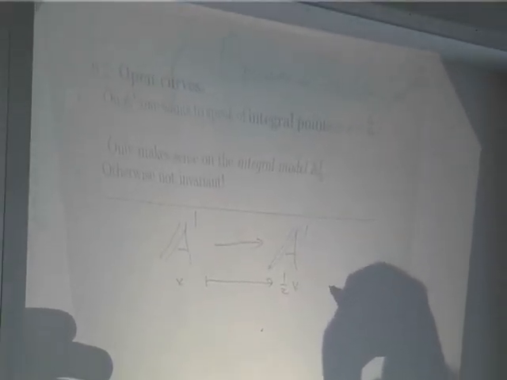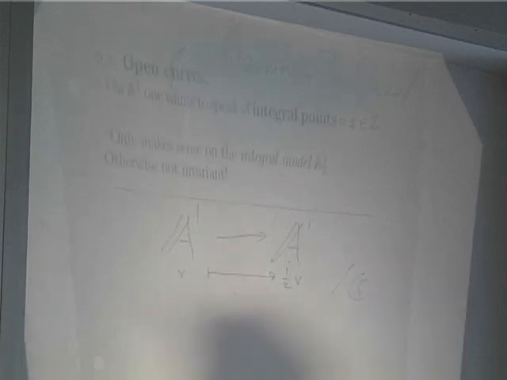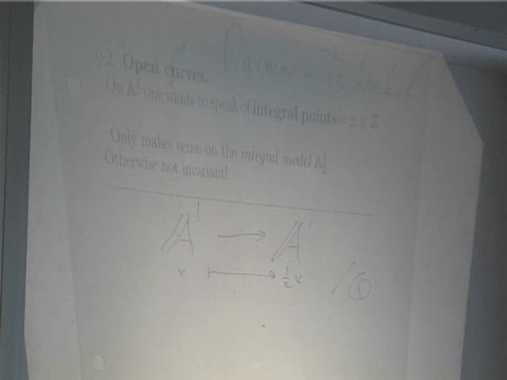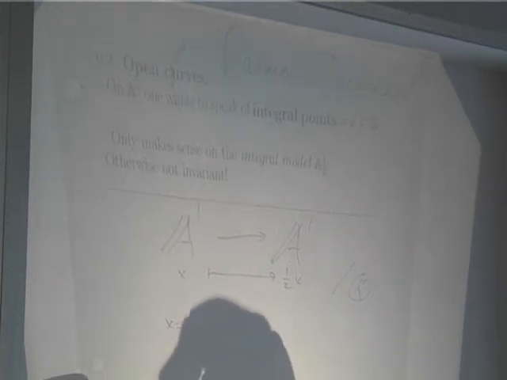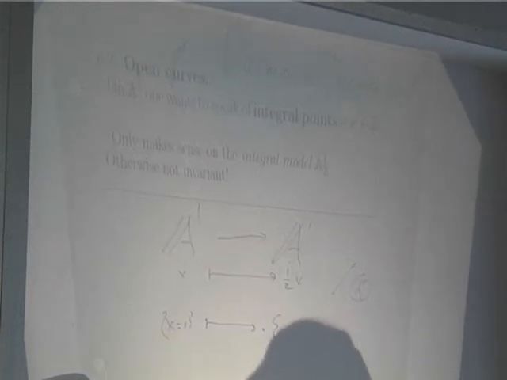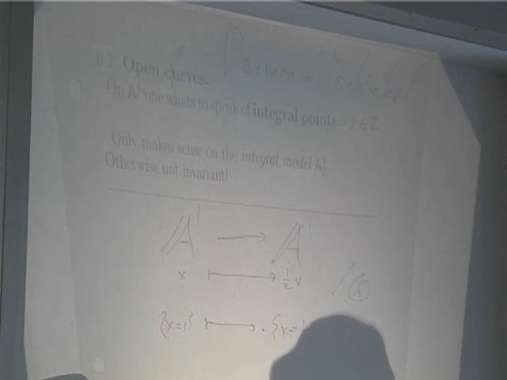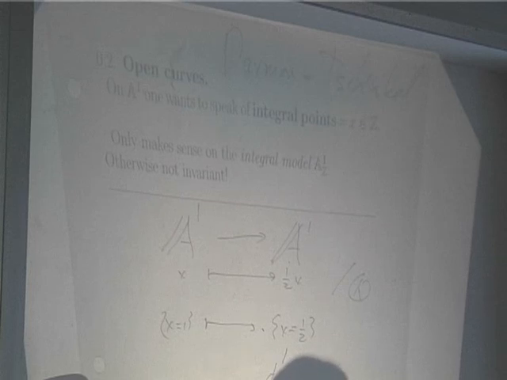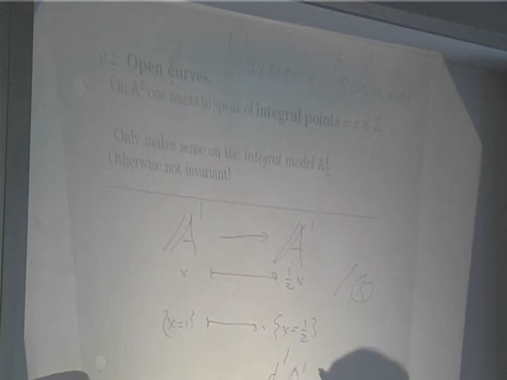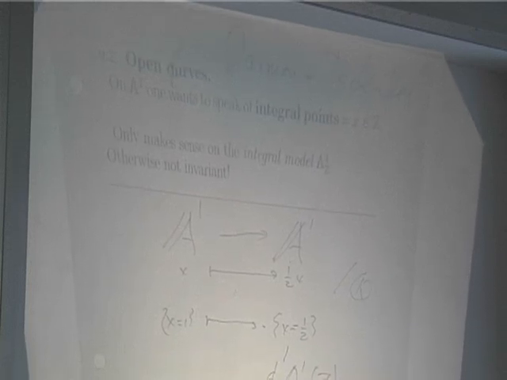This is an automorphism defined over Q, which in particular sends the point x equals 1 to the point x equals 1/2. And this is not an integral point. It's not an integer coordinate.